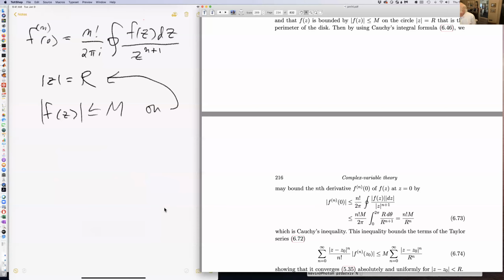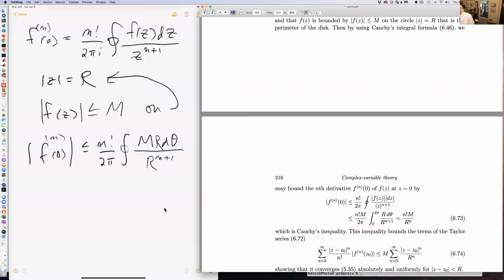And so what we have is the absolute value of f^(n) of 0 is less than or equal to n factorial over 2 pi times the integral, where the absolute value of f of z is just M. We have here d theta, and we're dividing by r to the n plus 1, and this is actually r d theta.